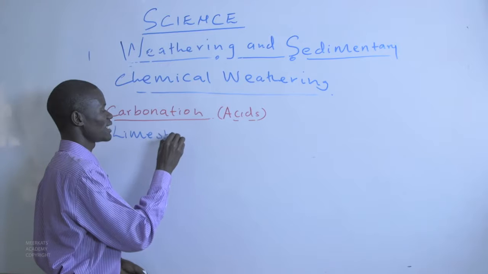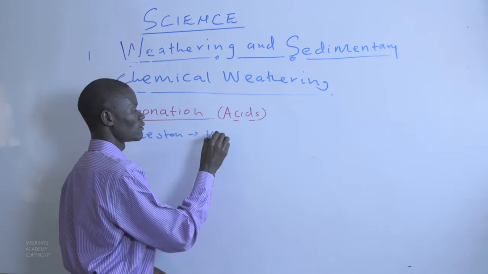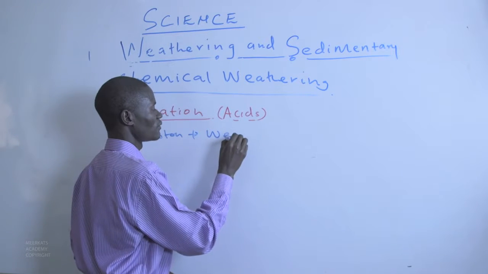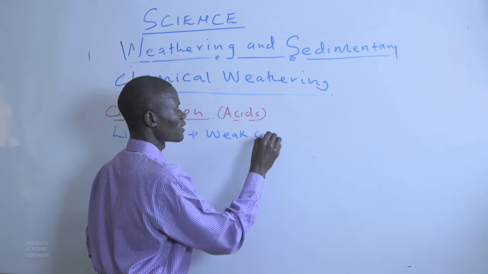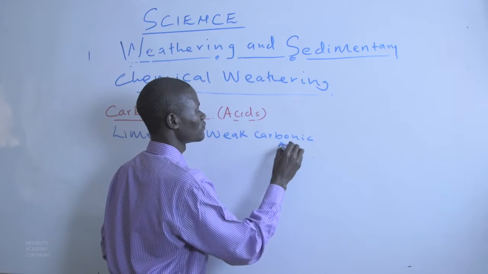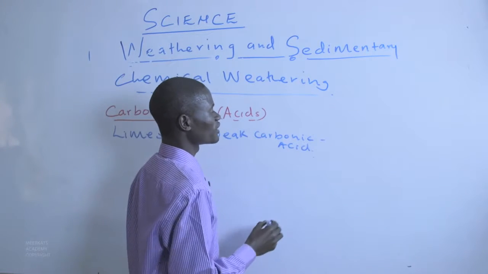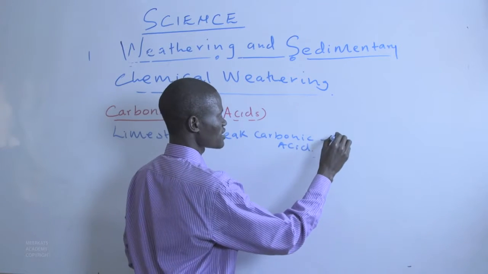We are looking at limestone with weak carbonic acid. That will form what we call hydrogen carbonate.